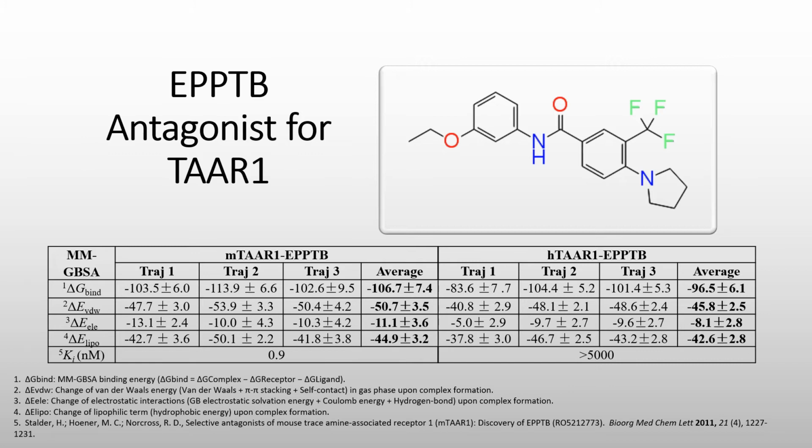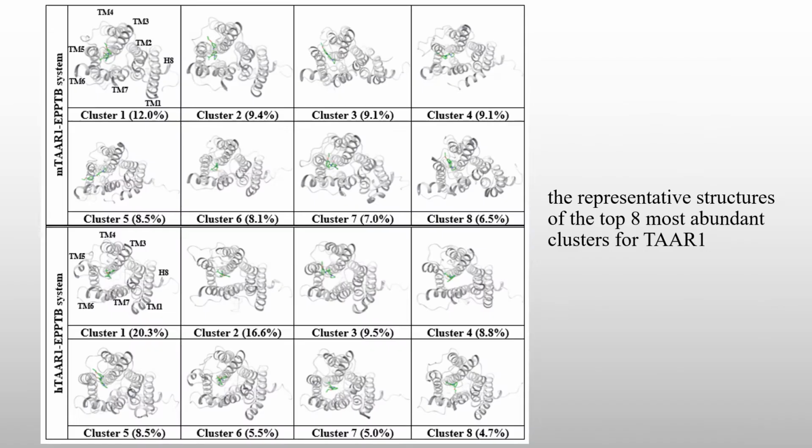And it shows that by the MMGBSA average, EPPTB favors the mouse TAR1 system with an average of negative 106.7 versus the human TAR system, which the average is minus 96.5, which validates the Ki value of 0.9 for the mouse TAR, versus greater than 5,000 for the human TAR, which both of them validate EPPTB is good for the mouse and not the human TAR system.